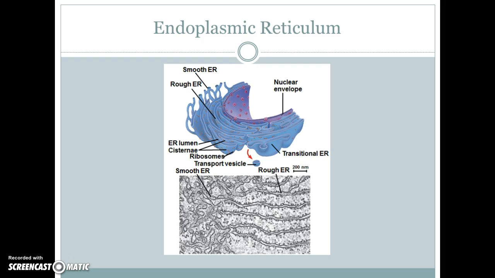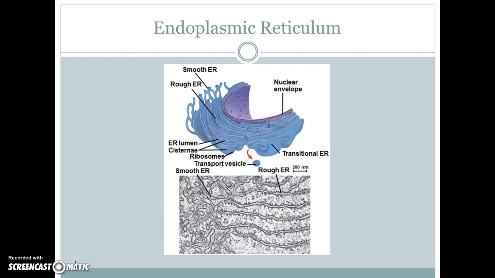Recall that ribosomes are attached to the rough ER, hence the name. It has a roughened appearance, and we can see that going on over here, a little bit of rough, and then over here where there's nothing, it's smooth.